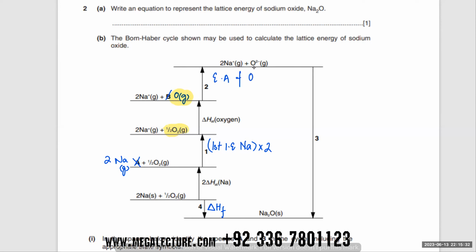That's the first one, and the electron affinity of O minus is the second. So anyways, you've got gaseous ions. Now they're turning into sodium oxide. So what is 3? The lattice energy. That's your lattice energy.